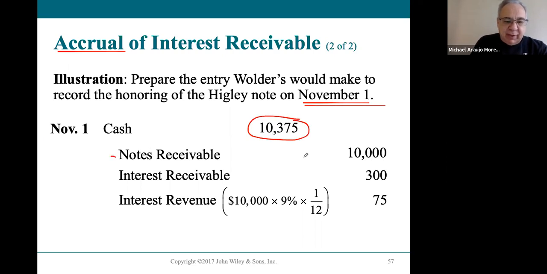And 10,000 of that is the note that's repaid. So their receivable is collected. So they take that off the books. But remember, they had to put an interest receivable on the books because they closed their year September the 30th. So 300 of the interest is going to go to an interest receivable to show that was collected. And the additional $75 is revenue for the new fiscal year that started October 1st because they closed the books September 30th.